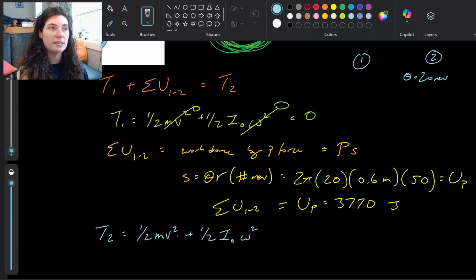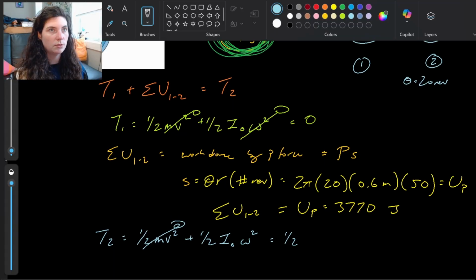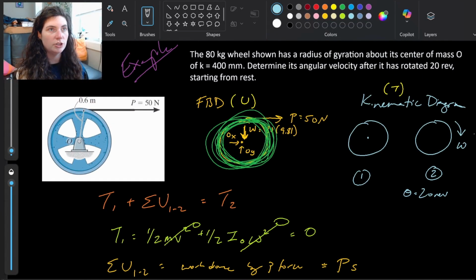And we just said that since it's pinned there, it's just rotating about a fixed axis, there's no linear velocity. We're only going to have that 1/2 IO omega squared. So 1/2 times IO. What's our IO? That's our moment of inertia about point O. And they gave us a K value, that radius of gyration.